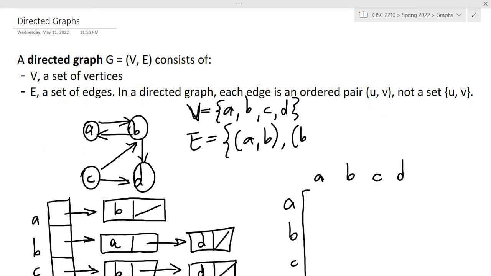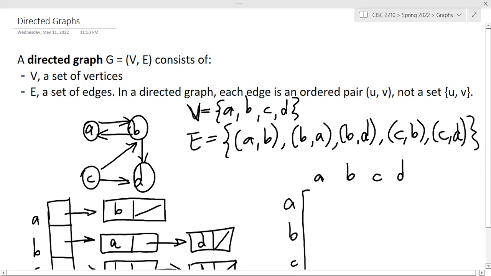We have an ordered pair (B, A) because there's an arrow going the other way too. We also have (B, D). Going to C, we have (C, B) and (C, D).